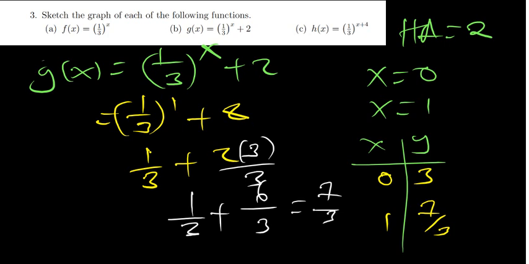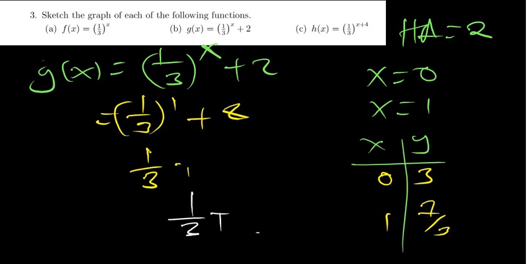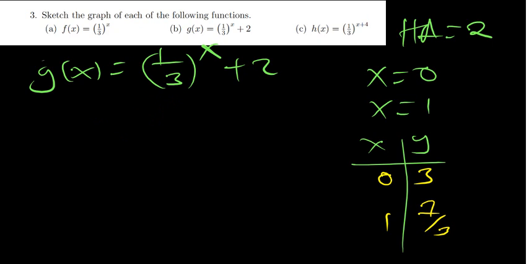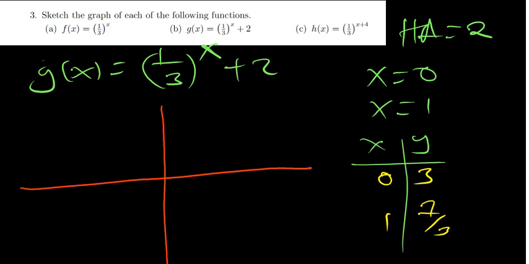Now from there, let's see how we can graph this. So I have my graph here. I have my horizontal asymptote at 2, which is the horizontal and not vertical.